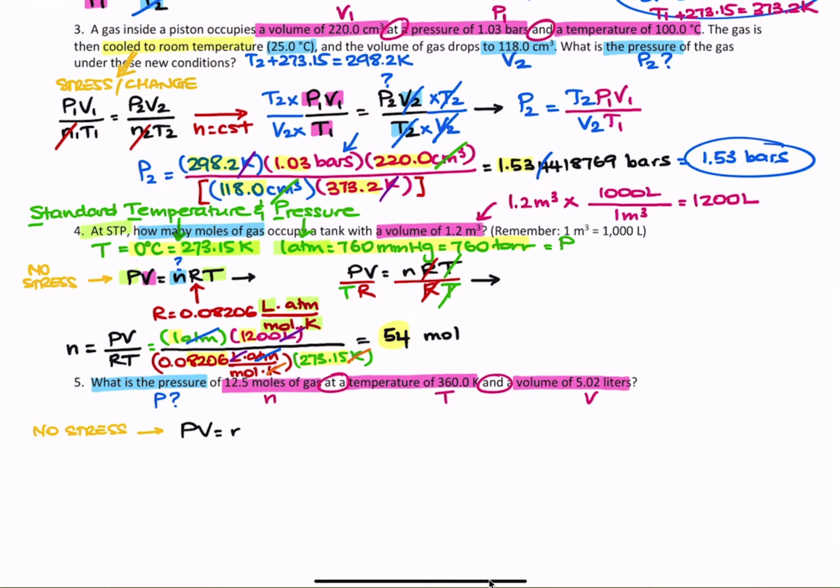That requires us to use specific units due to the presence of the gas constant R. We're looking for P, so I'm going to isolate P and divide by V on both sides.